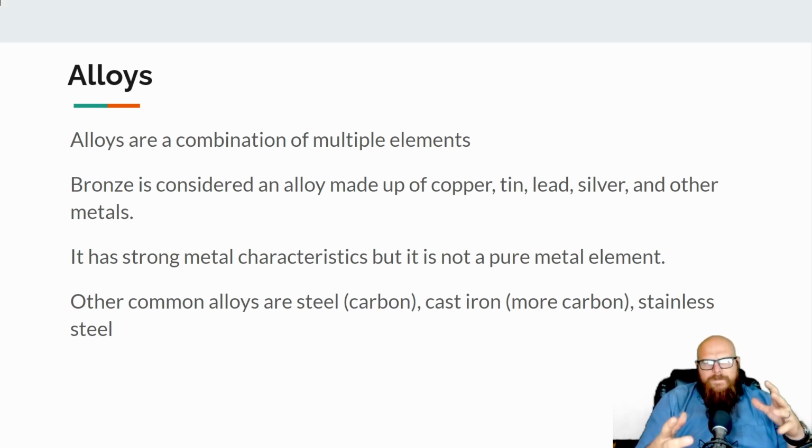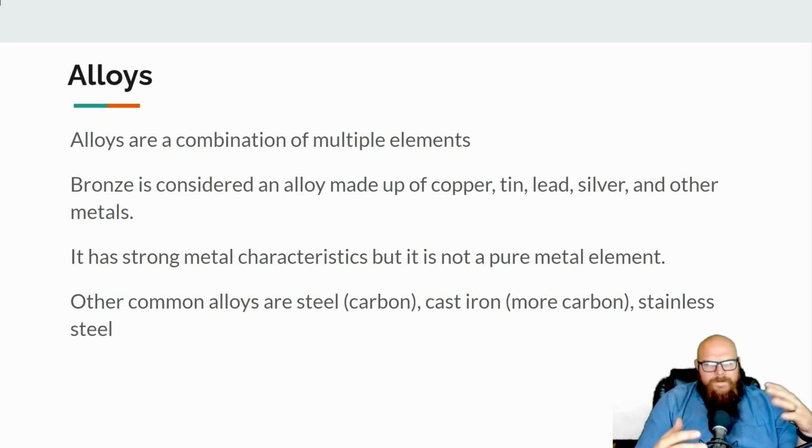Copper is very malleable. It doesn't hold its shape as well. And so when we figured out that we can combine that with other materials and create a stronger material, those countries that had the ability to do that dominated, because they had weapons that didn't bend or weren't as malleable. They had better shields that could withstand attacks from other people.